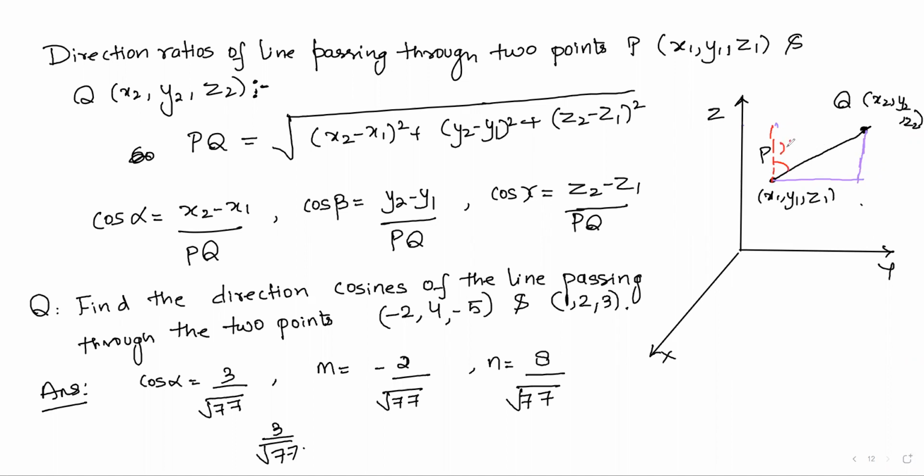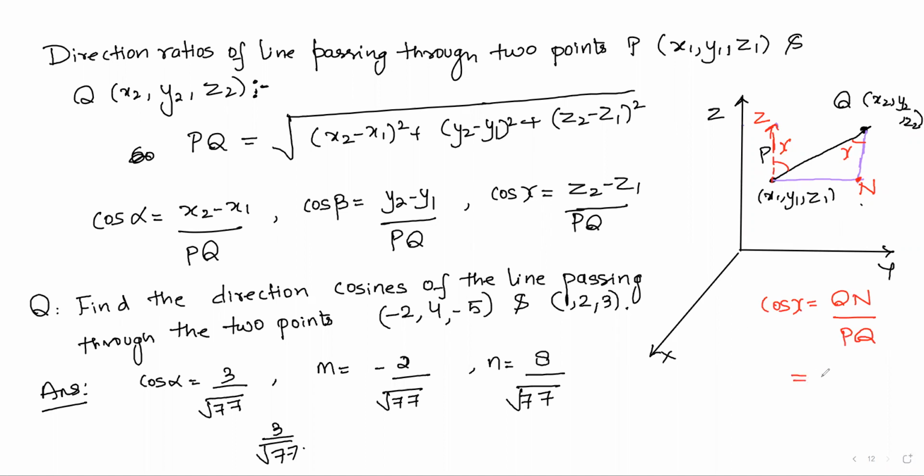So it is making an angle gamma with the Z axis. This is parallel to Z. If this is gamma, then this will also be gamma because both these lines are parallel. This is point N. Now in this triangle PQN, cos gamma will be equal to base QN by hypotenuse PQ.